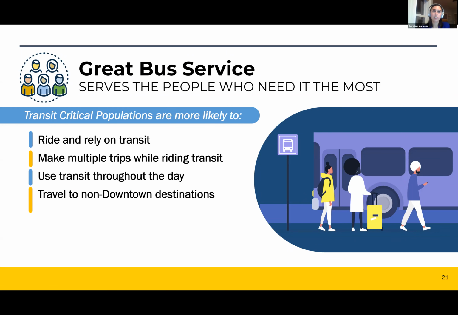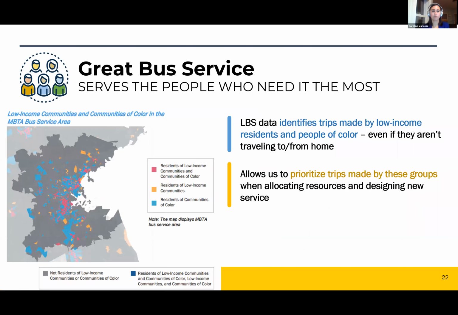When we're talking about serving the people who need it the most, we go back to the critical populations I talked about earlier: low-income populations, people of color, seniors, and people with disabilities, who are more likely to ride and rely on transit, make multiple trips while riding transit, and use transit throughout the day, as well as travel to non-downtown destinations. Next slide.